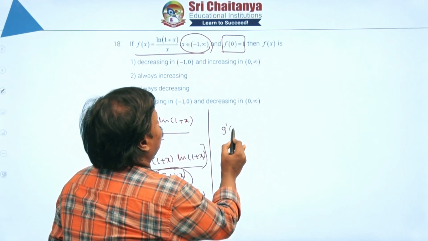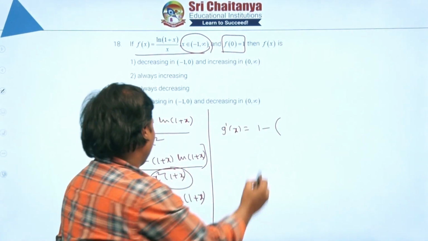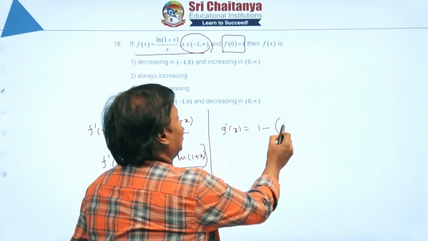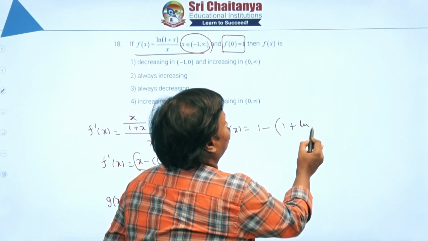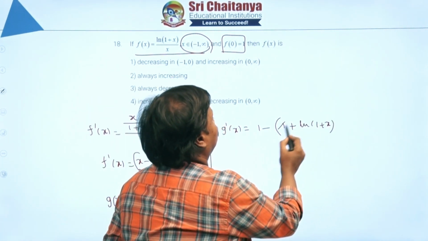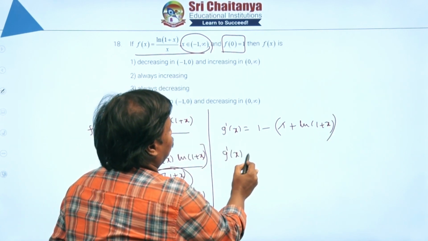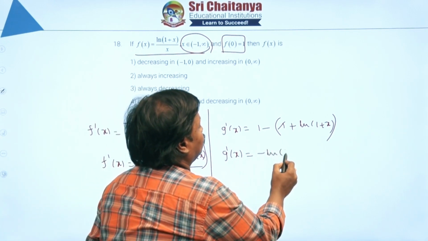g dash x equals the derivative of x, which is 1. By using the UV rule, 1 plus x times the derivative of ln of 1 plus x, which is 1 plus 1 plus x derivative 1, it is ln of 1 plus x. So g dash x equals minus of ln of 1 plus x.